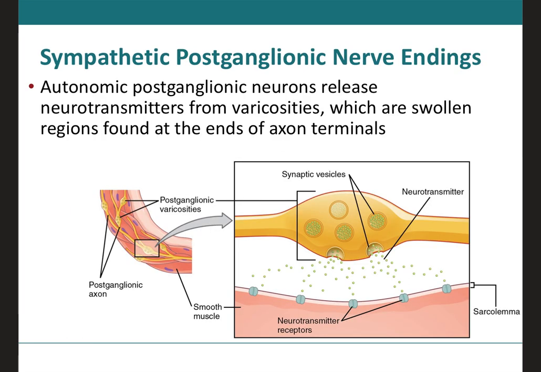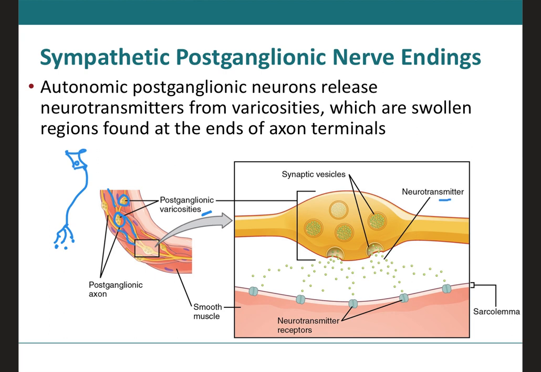Now the connection between the autonomic fibers and the target effectors is not the same as the typical synapse, such as the ones that we saw, remember, in the neuromuscular junction. Therefore, instead of having those synaptic end bulbs that release neurotransmitters, you're going to have these swellings that are called varicosities. They will all be held together by these fibers that form sort of a network of varicosities.